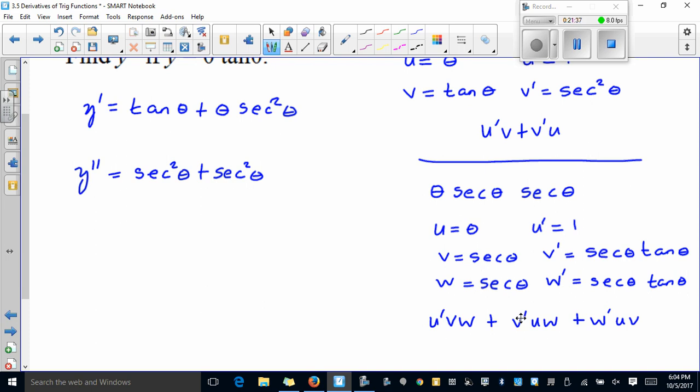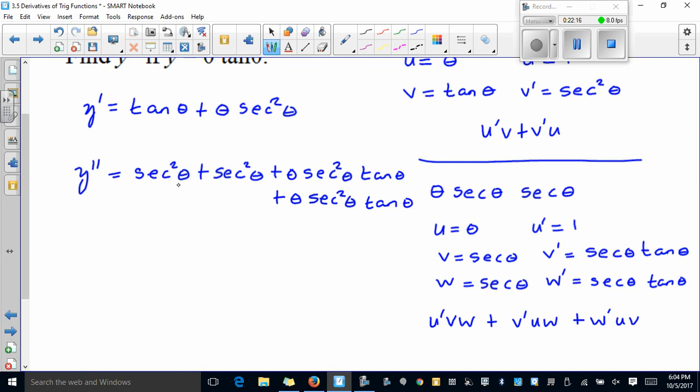And then v prime, this guy here, times these 2 is going to give me theta secant squared of theta tangent of theta. And then the last one, w prime times these 2 is going to give me this thing again. So instead of writing that out, I'll just do it. Plus theta secant squared of theta tangent of theta. A lot. That's what we have.